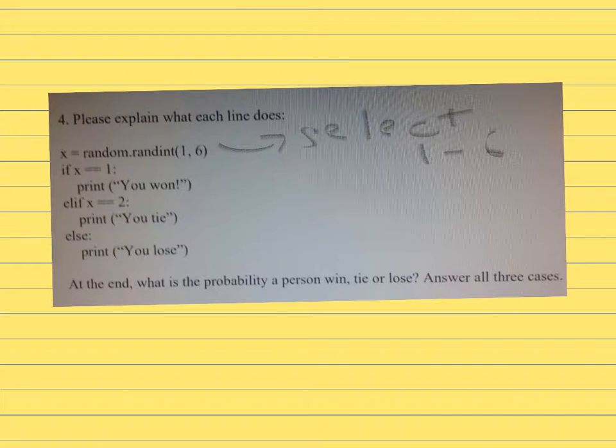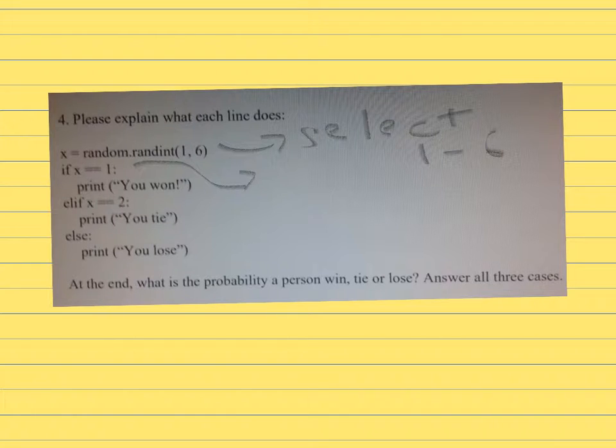Right here, if x equals 1, then print you win. If that is false, then go to the next else if statement. If x equals 2, print you tie. If 1 and 2 are false, then print you lose.